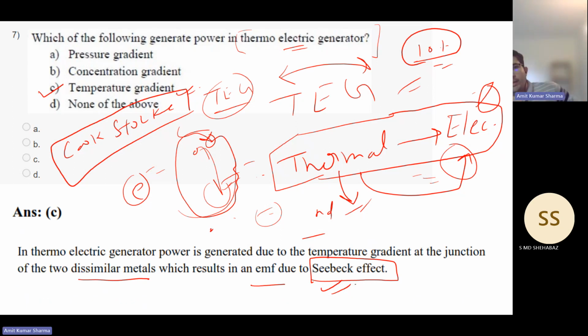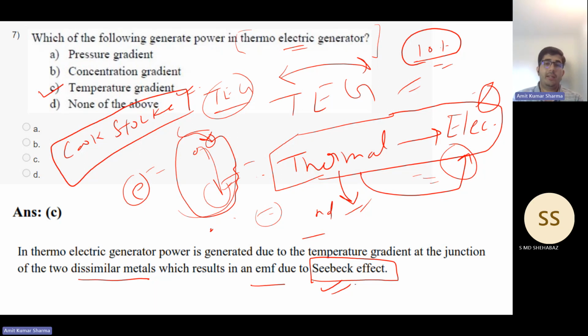Which of the following generates power in a thermoelectric generator? So we have also discussed it. In a thermoelectric generator, there is no mechanical power involved.